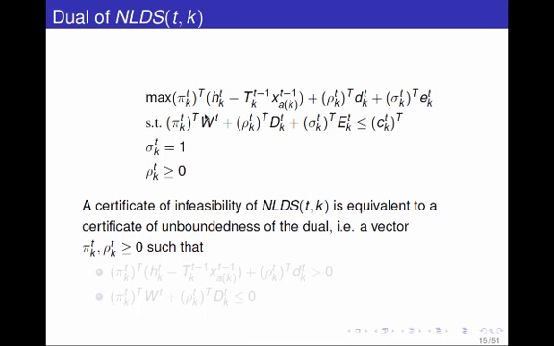And that will give us then indications of how we build a feasibility cut. Okay, so let's think of what happens to the dual problem if the NLDS is infeasible.